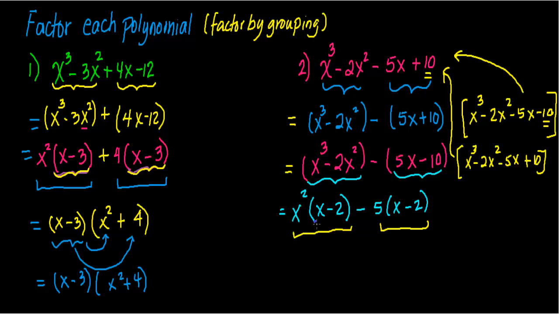They have x minus 2 and x minus 2. They both have it. So I can factor out x minus 2. And then what's left is what accompanied the first term, x squared, minus, minus, and what accompanied the second term is 5. And there, you're done. That's your final answer.